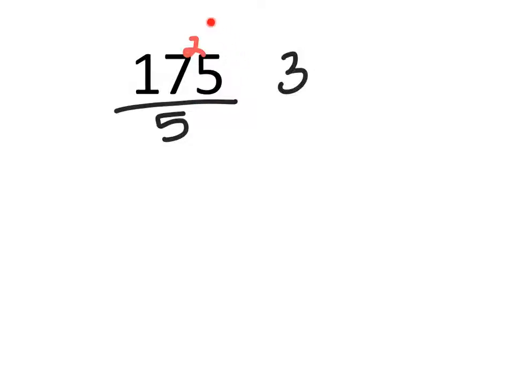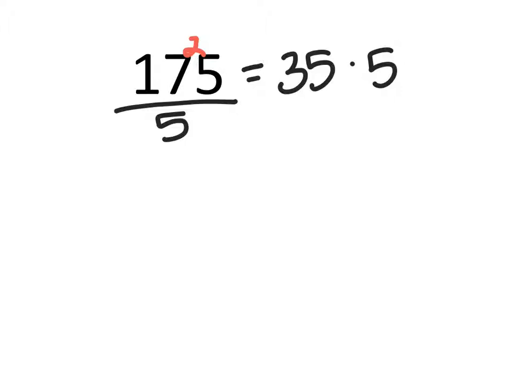Now I'm going to look and see how many times 5 goes into 25. 5 times 5 is 25. So already I've broken it down: in order to get 175, 5 went into 175 35 times. So 175 is 5 times 35.